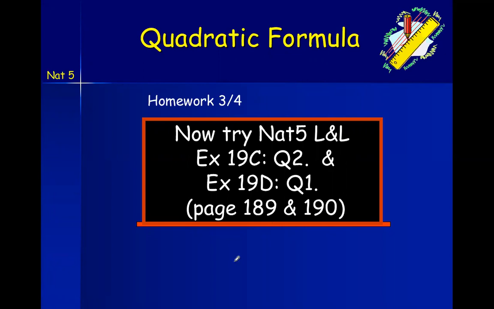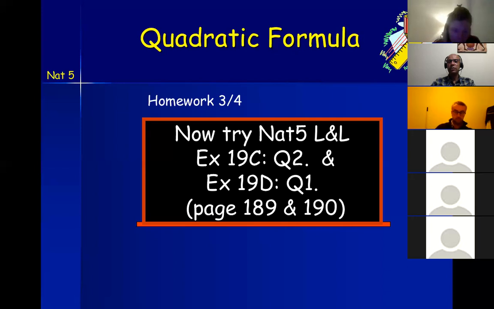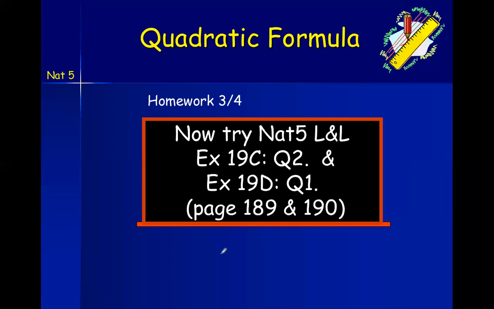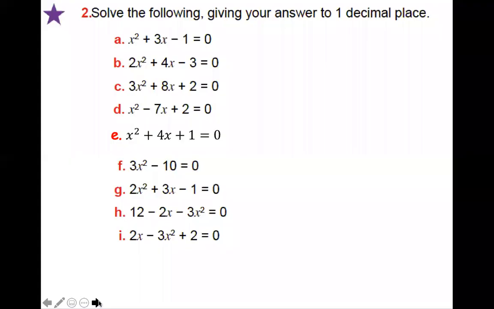We're going to do a couple of them. Are we good? Yep. So let's try a couple of these. They're just going to be tedious.